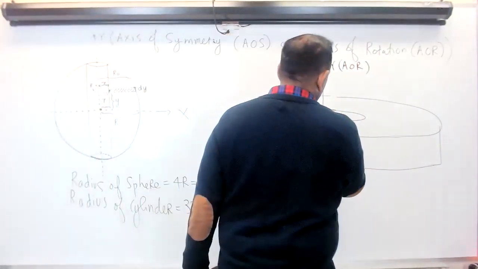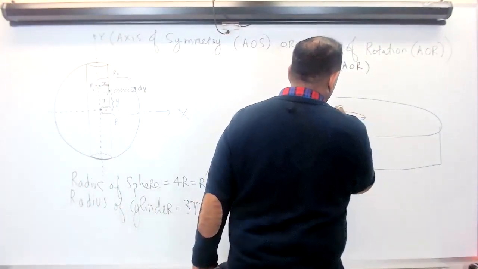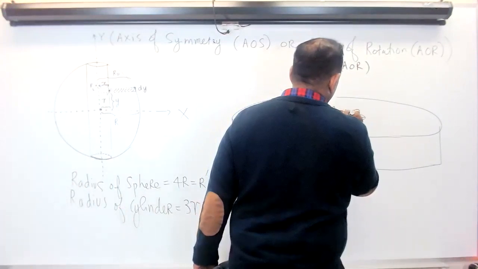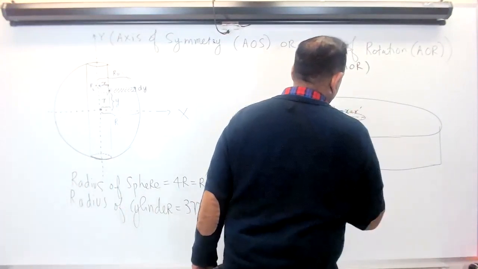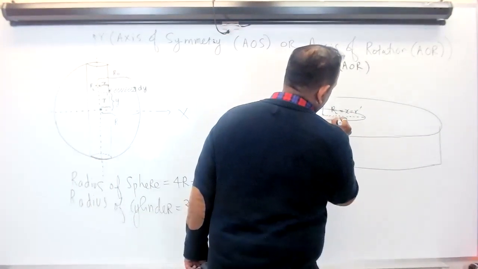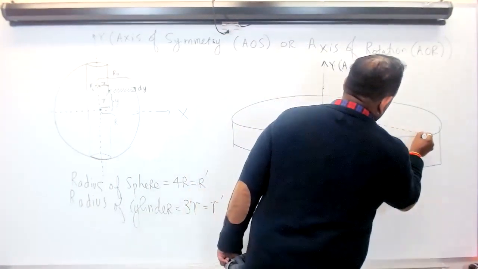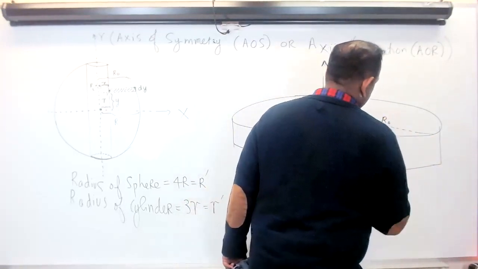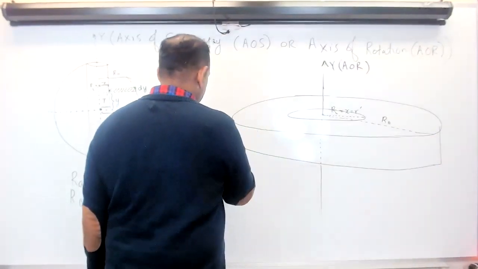From here to here is the radius, you can remember, I denote that by Ri, which is x, which is r prime. The other radius, somewhere to here, is the outer r naught, and this thickness is dy.